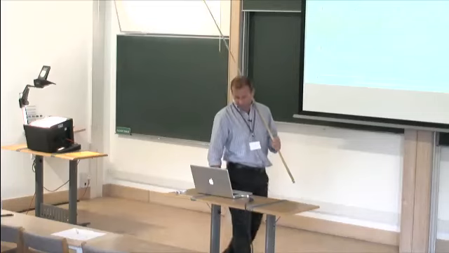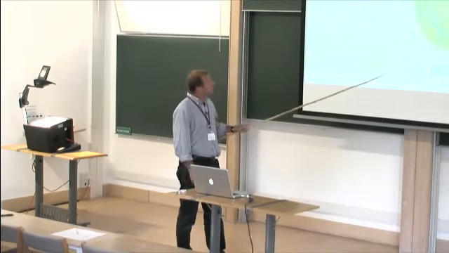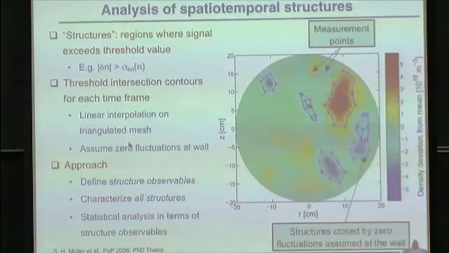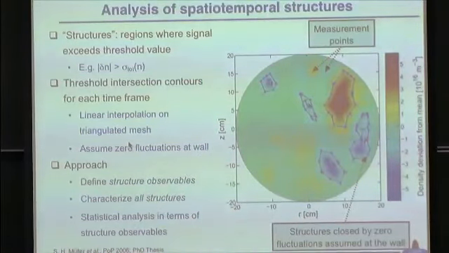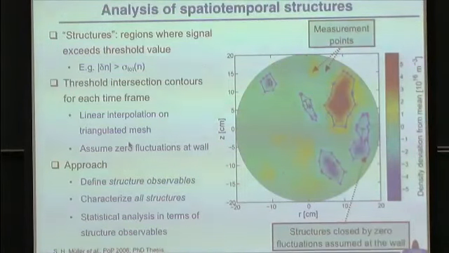So we go in a region where there's nothing else but blobs, and we look at the structures in those regions by identifying a structure as a region of plasma in which the perturbation exceeds some sort of threshold value that we fix, typically 1 or 1.5 the standard deviation over the whole time trace.